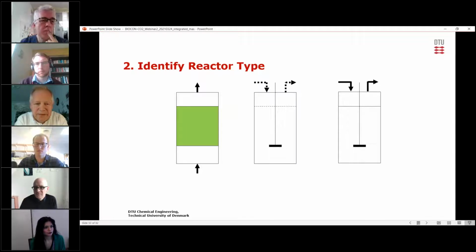And on the right-hand side, the continuous stirred tank reactor. Kinetics with enzymes don't usually favor the continuous stirred tank reactor. So normally we talk about either the continuous packed bed or plug flow system on the left-hand side, or the batch or fed batch system that we have in the middle. Next slide, please.